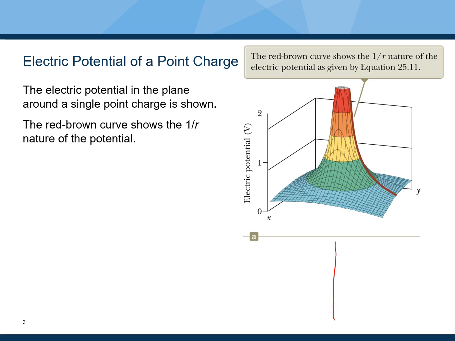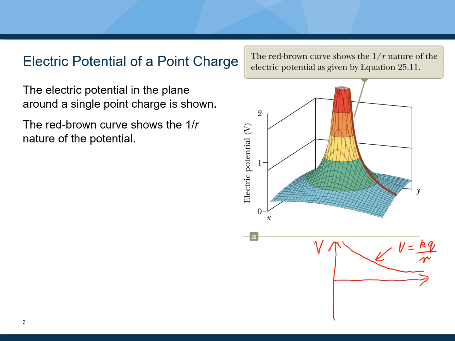So this is the potential V as a function of r, and we can see that for a positive point charge, V as a function of r is just given by this function out here, where V is equal to K times Q, where Q is positive, divided by r, and K is Coulomb's constant.